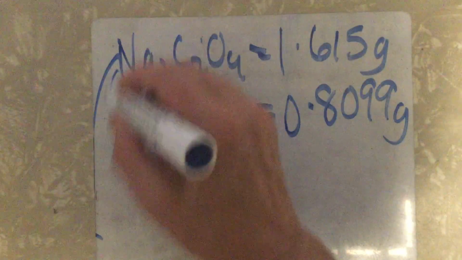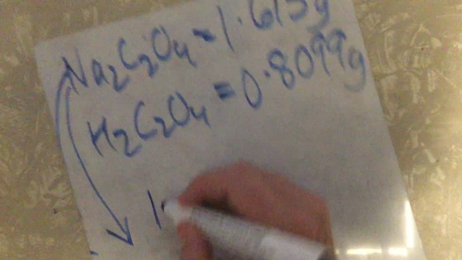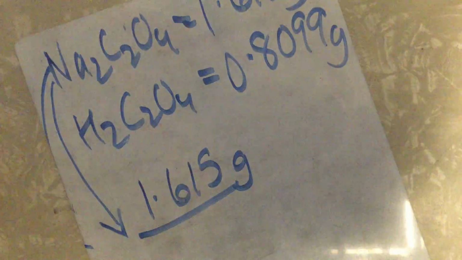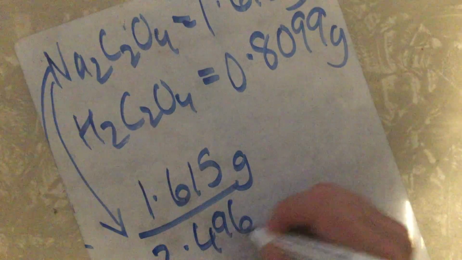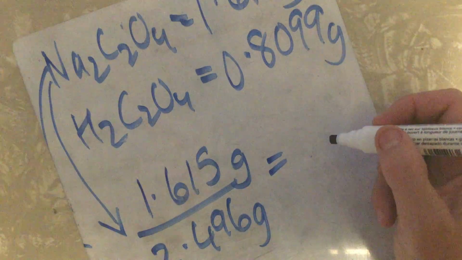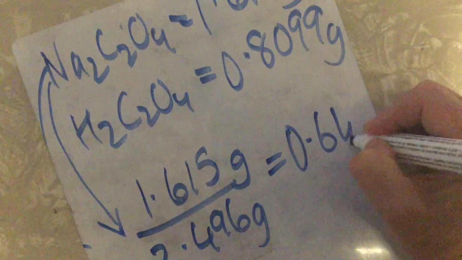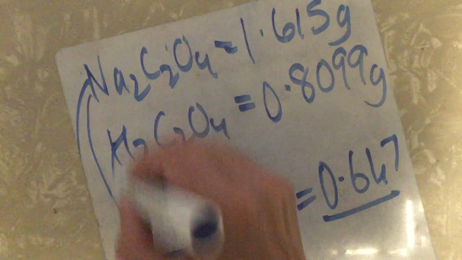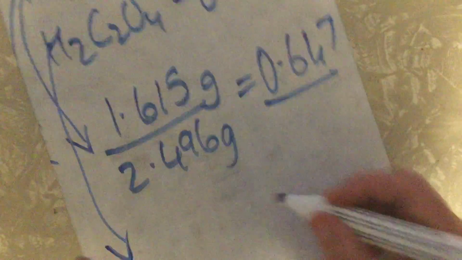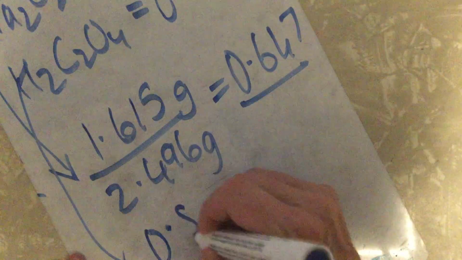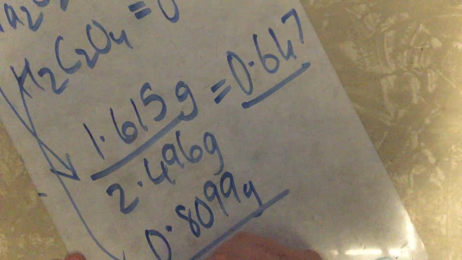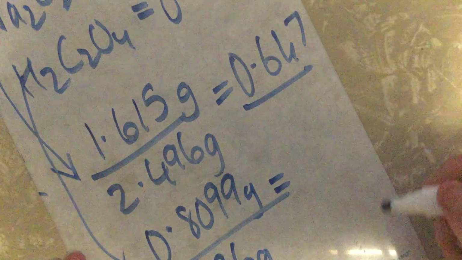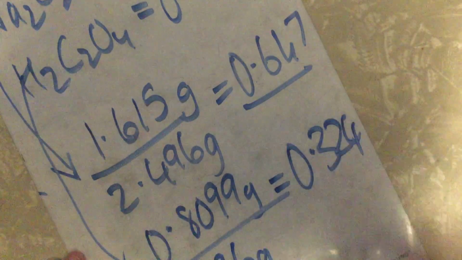So for the Na2C2O4, we're going to go 1.615 grams over the total, which is 2.496, which was our mixture, and that gives us 0.647, which is our mass fraction. And then for the H2C2O4, we've got 0.8099 grams over 2.496 grams, and that mass fraction is 0.324.